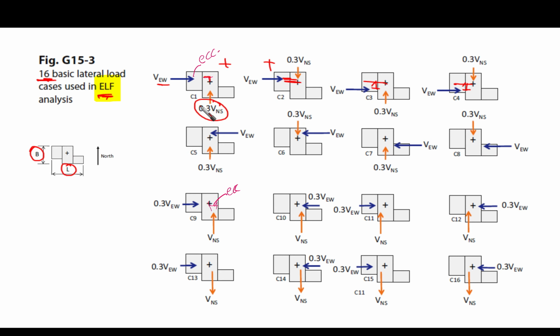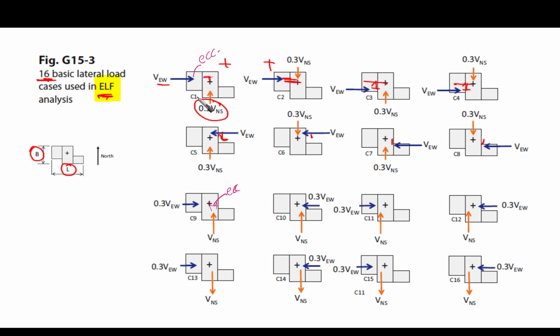Why 0.3? I'm going to explain it later in the load direction, so don't worry about this. I just want you to know that we have 16 load cases. Okay? So we have here 4, and another 4 from the west direction, with positive eccentricity here and negative here, and negative here.